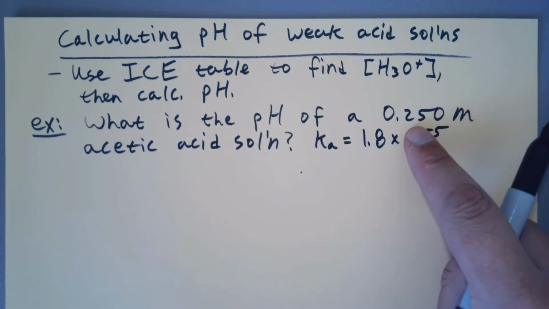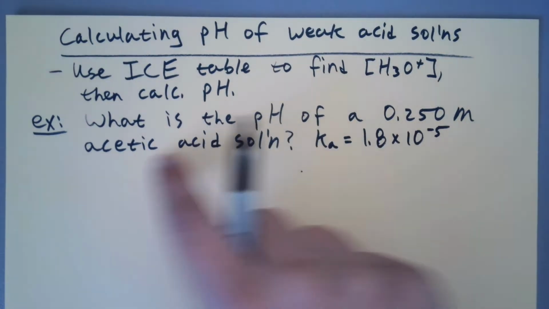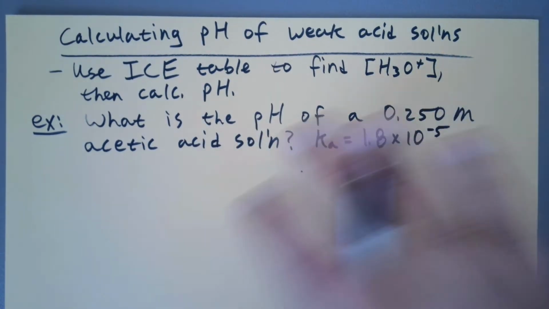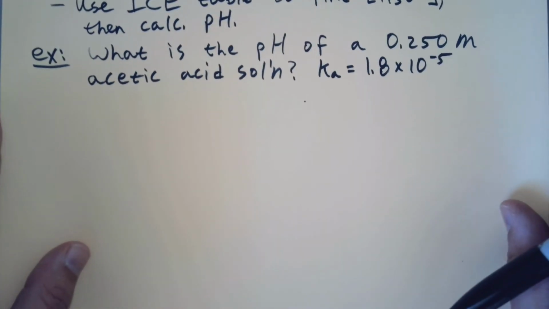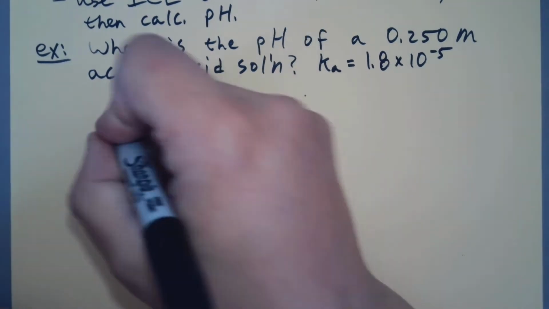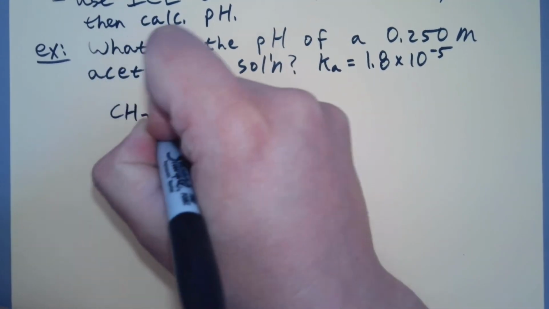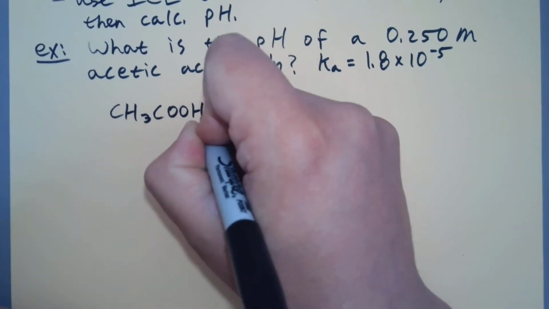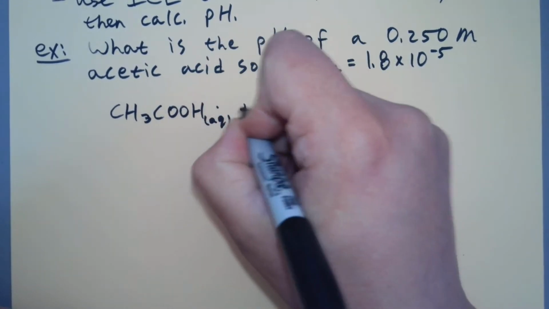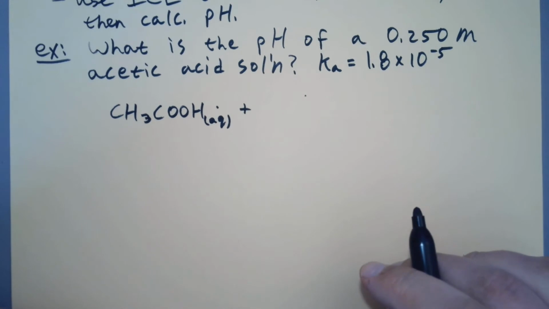So we start out with a solution as initially 0.250 molar acetic acid. No acetate, none of that. And so let's get to work. Alright, so acetic acid, as you'll remember, was CH3COOH. I'm too lazy to come up with multiple examples.